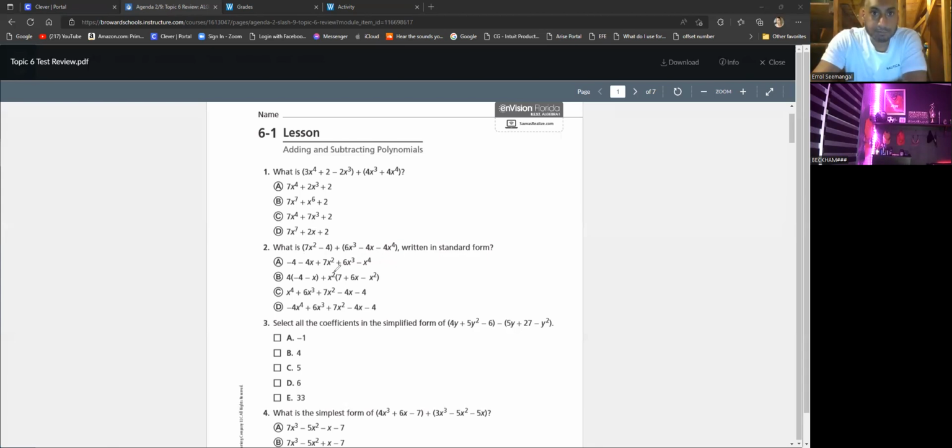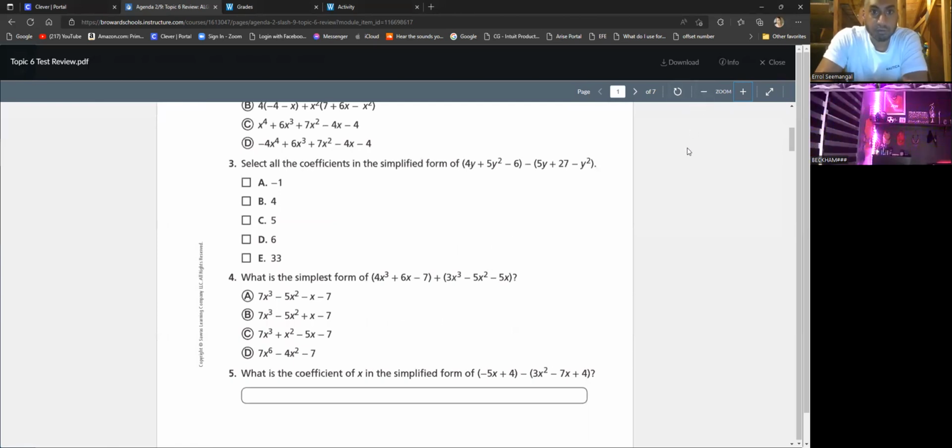All right, scroll down a little bit and zoom to make it bigger. Okay, select all, see what it says? Coefficients. We just talked about coefficients. Select all the coefficients in the simplified form of that.